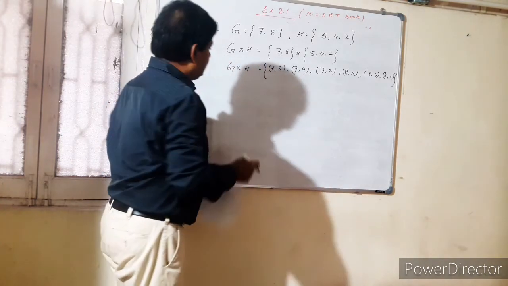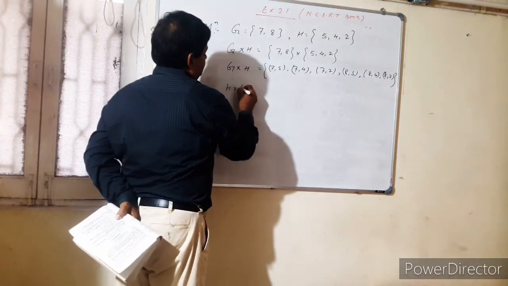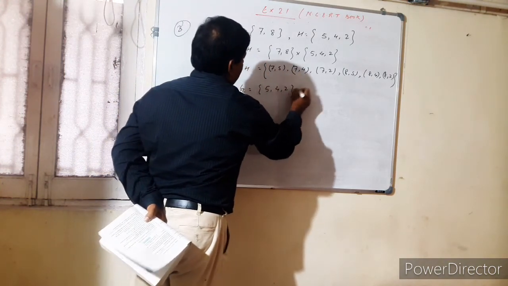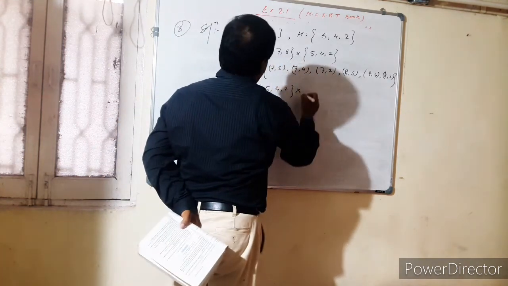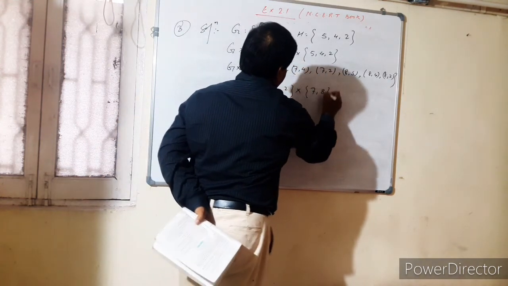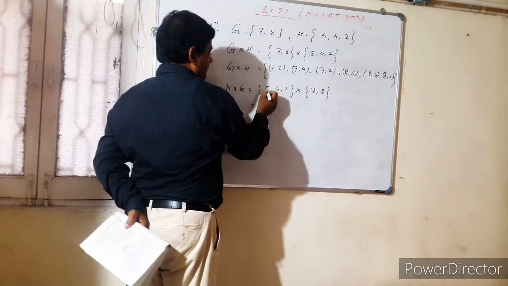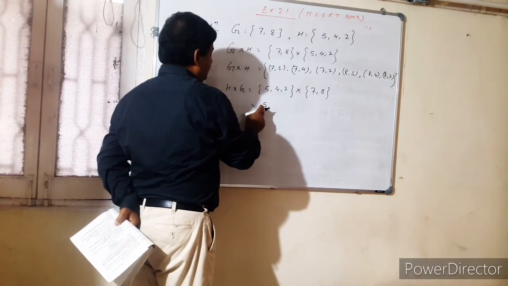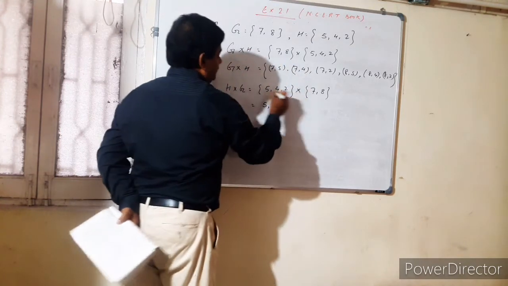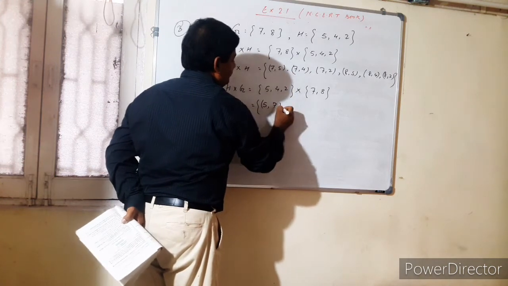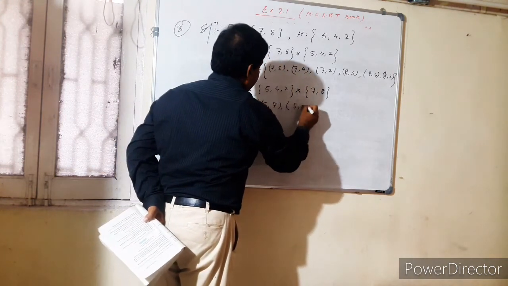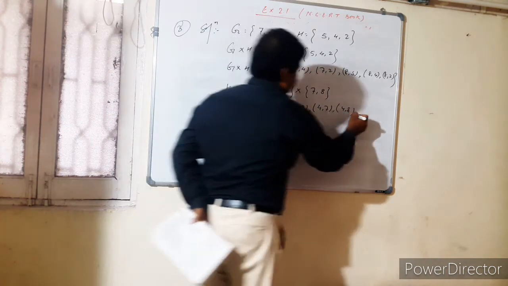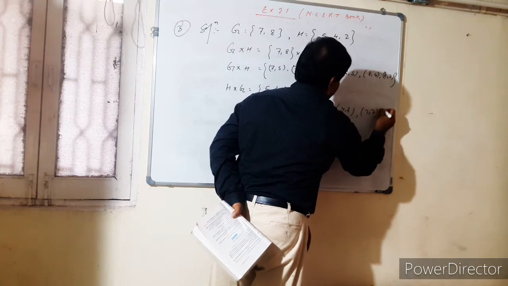Now find out H cross G. H cross G. So first you write H, 5, 4, 2. Now into G. G is 7, 8. So see here 5, 7. So first of pair component belongs to H. So 5, 7, 5, 8, 4, 7, 4, 8, 2, 7, 2, 8.